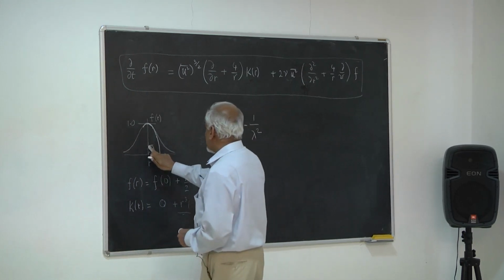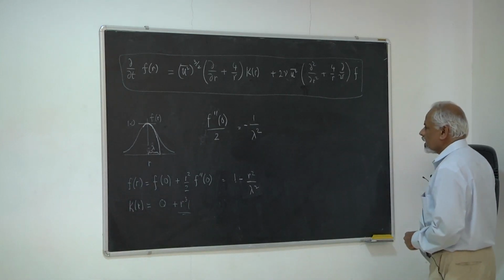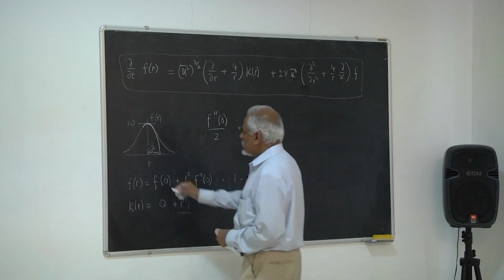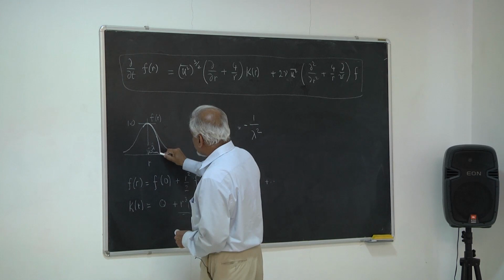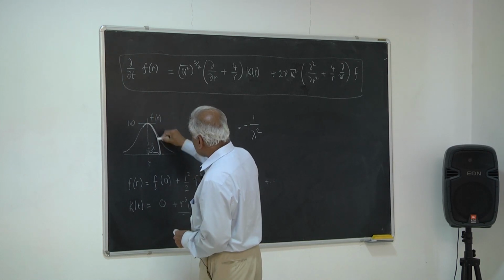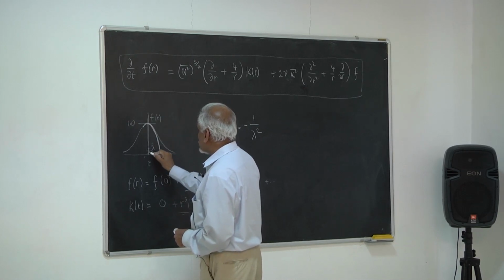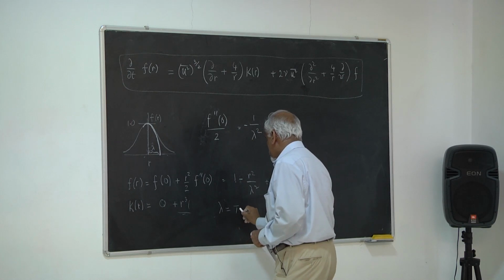So this lambda, where the parabolic fit near the origin for f meets this axis, is called lambda, and it's the Taylor microscale. Lambda is the so-called Taylor microscale.